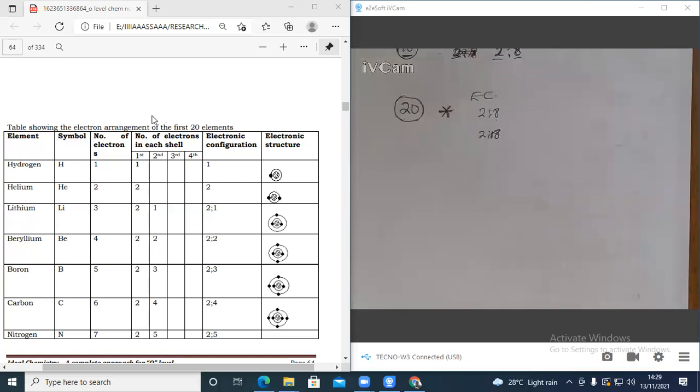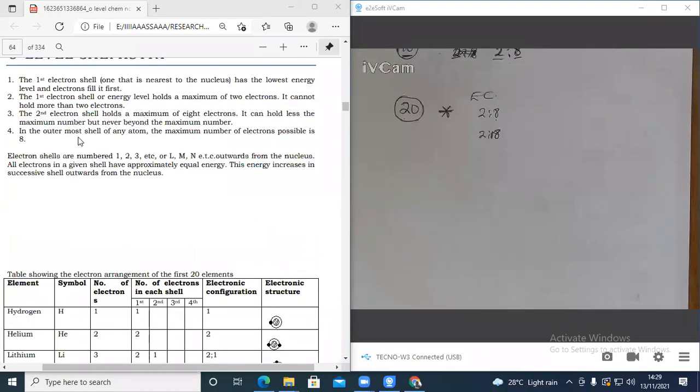When you read these laws up here, did we see any shell holding a maximum number of 18 electrons? No. What is the maximum number a shell can hold apart from the first one? 8.